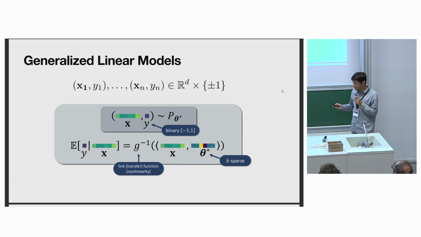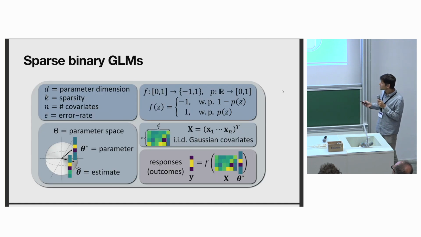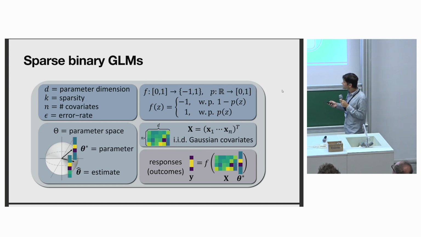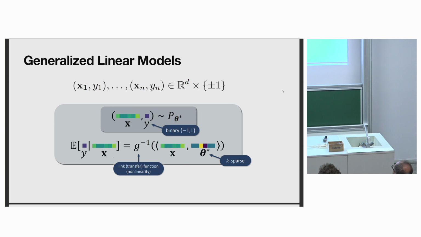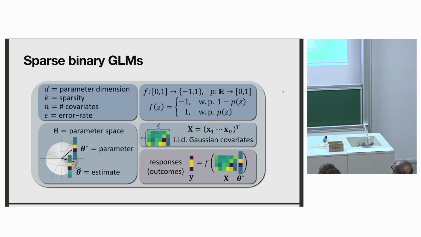So this is our data generation model. What we are going to do is parameter estimation. That is, we are going to recover theta star. We assume theta star is a unit vector, and we will estimate some theta hat and measure the Euclidean error.